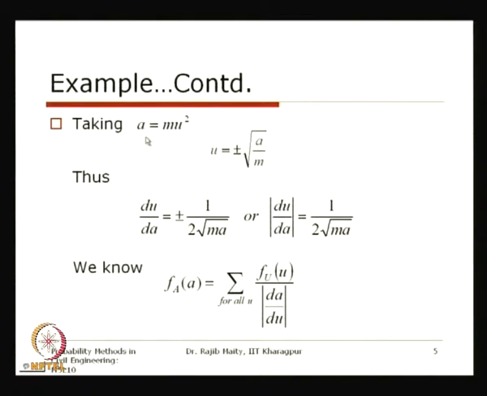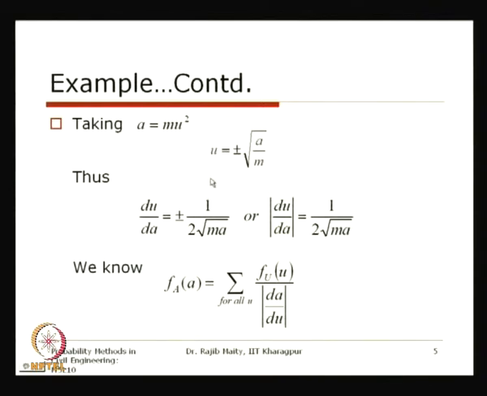Now, taking the specific values of those random variables, we can write a equals m u square, so u will be plus or minus the square root of a by m. Here we are getting two roots, so whatever distribution we get, we have to get it for both these roots. We have discussed earlier how to get the distribution of functions.